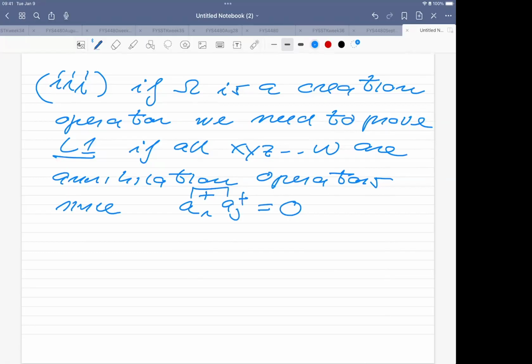So the only thing which we need to look at a little bit closer now is actually the case with all the operators being annihilation operators. Questions so far, guys? Okay, so let's put number 4 here. So what we're going to do now is we anti-commute.